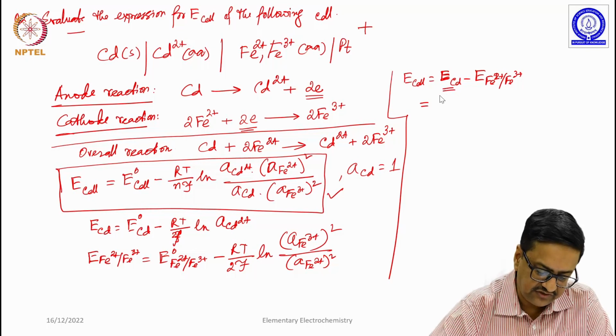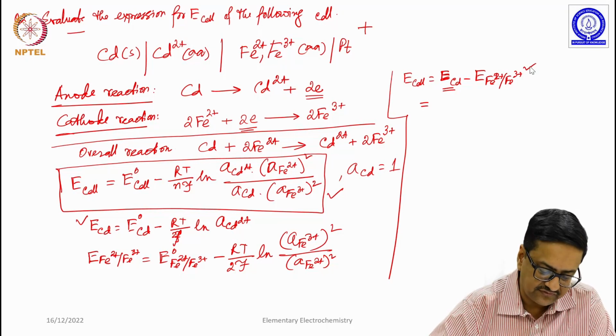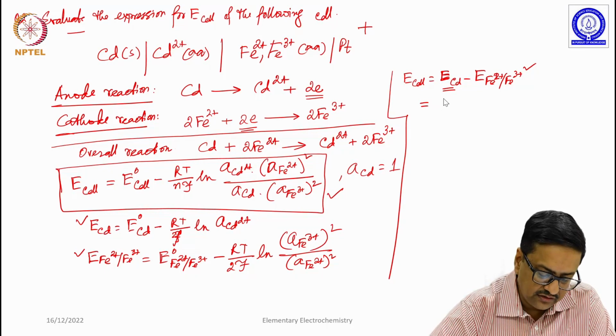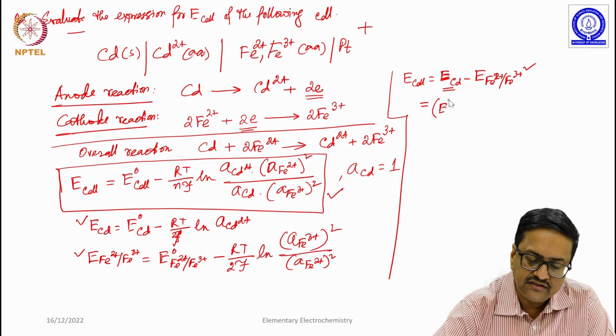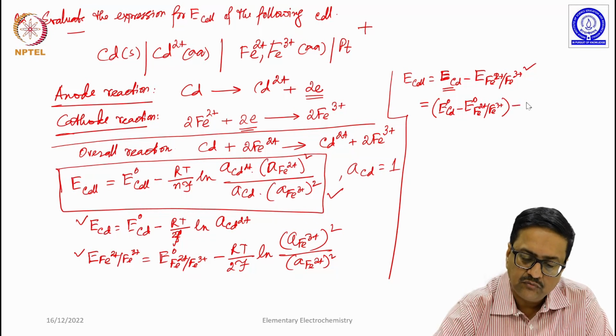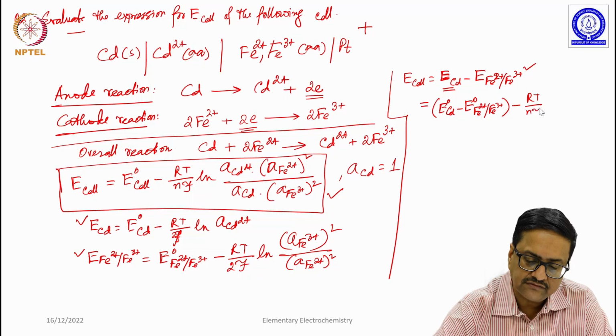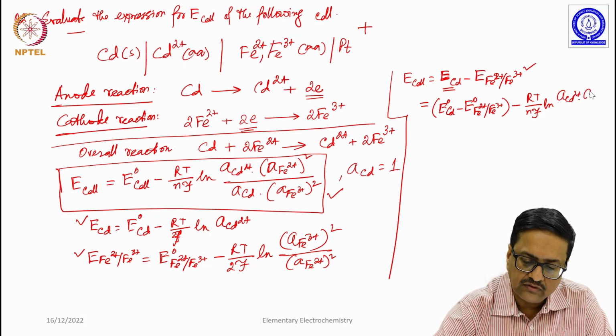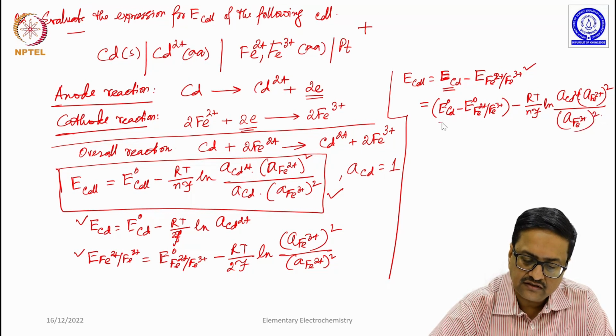If you replace E Cd and E Fe by these equations and then simplify, you will end up getting the difference of E0 Fe3 plus Fe2 plus minus E0 Cd, which will be replaced by E0 cell minus RT by NF ln of the activity of Cd2 plus into the activity of Fe2 plus squared divided by the activity of Fe3 plus squared.